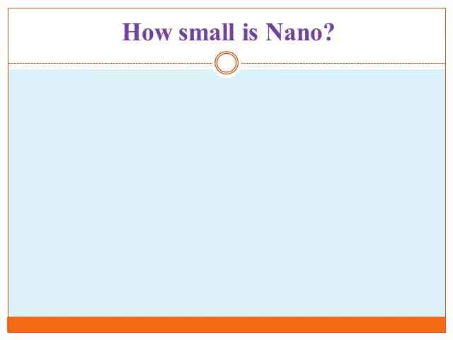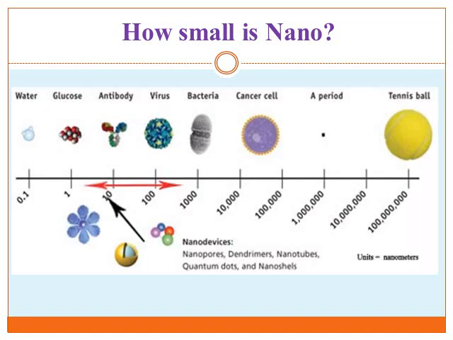Now, how small is the nano? When you look into the nano, if you compare with water, the units are in nanometers. Water is about 0.1 nanometer, glucose let us say is nearer to 1 nanometer, an antibody is 10 nanometer, a virus 100 nanometer, bacteria 1000 nanometer, and cancerous cells 10,000 nanometer.